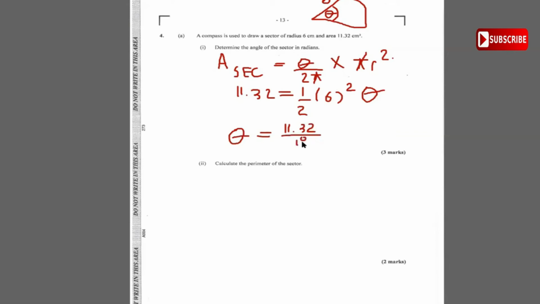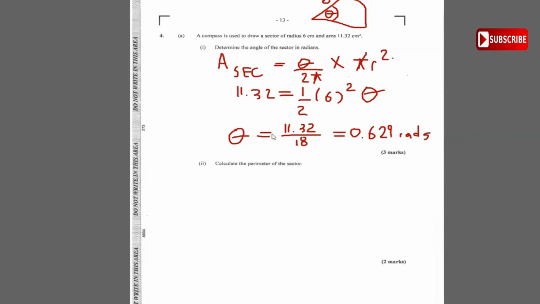That's theta in radians. So 11.32 divided by 18 is 0.628, or 0.629 radians. I'm going to write rads for radians. And you're done with this one.